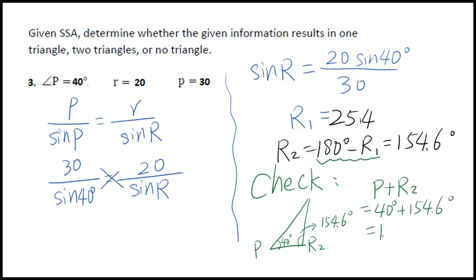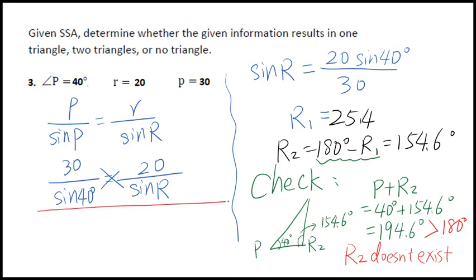That equals 194.6 degrees. Since this is greater than 180 degrees, therefore R2 doesn't exist. So R2 is a fake one. In other words, we only have one triangle for this SSA pattern.